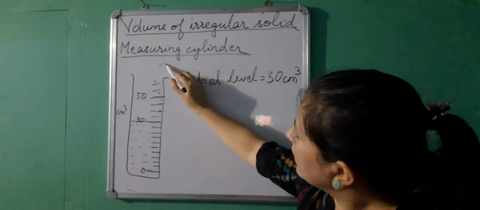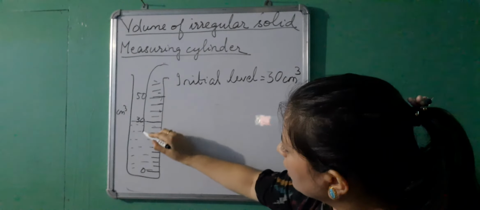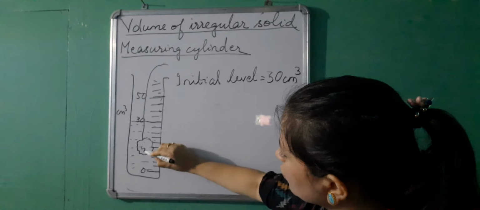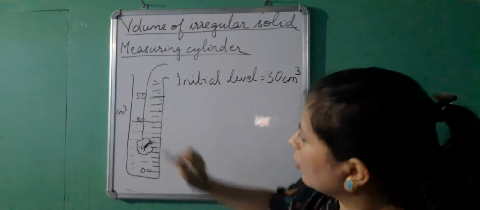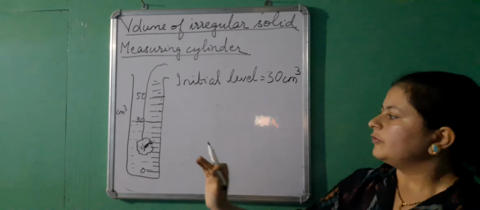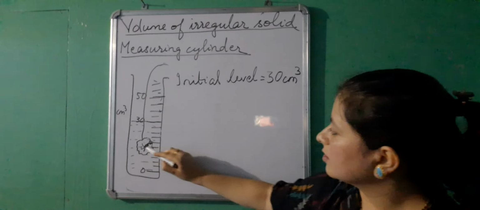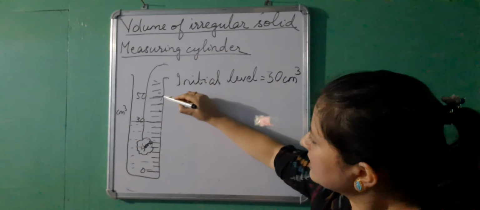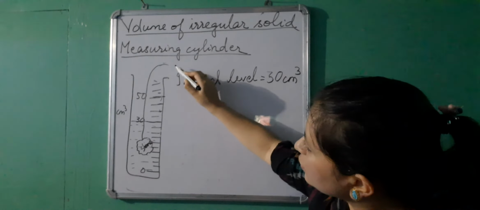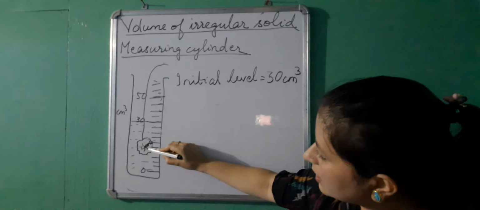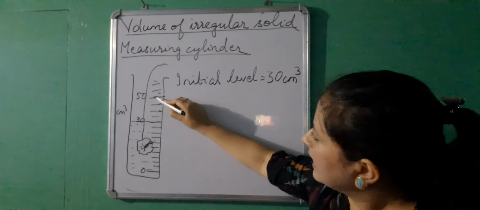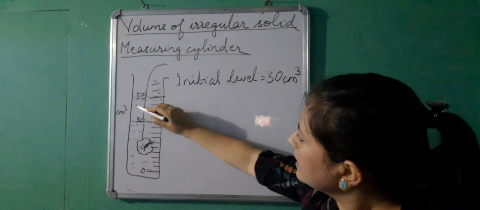And carefully, without touching the walls of the measuring cylinder, we dip the stone or the irregular object. As soon as we put the stone in this water, we don't put any extra water, but we see that the water level automatically rises up.